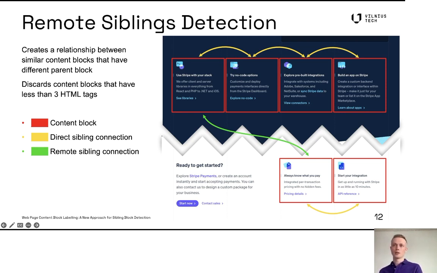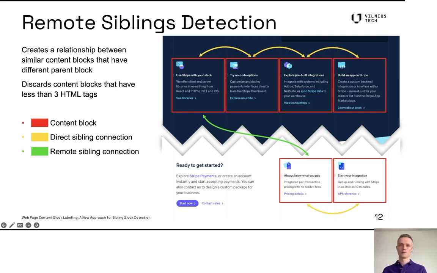In this example, you can see content blocks marked with red squares. Each of the content blocks groups represents a group of direct siblings. So we would have two groups of direct siblings without remote sibling detection. We display the relationship, the connection of these direct siblings by using a yellow arrow.